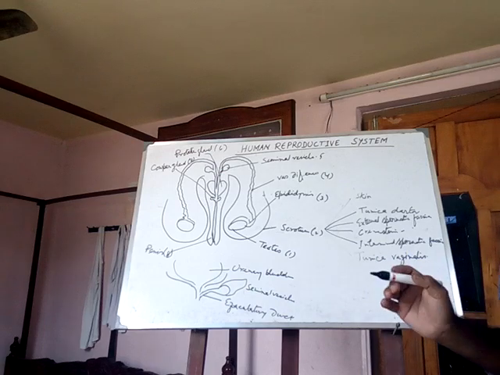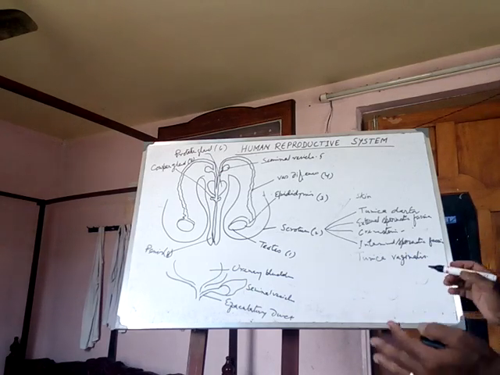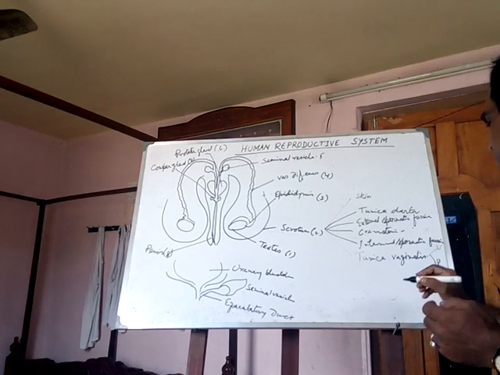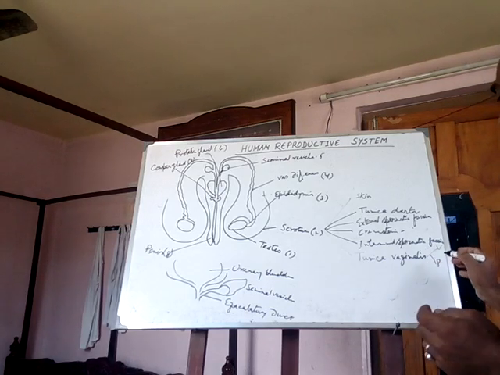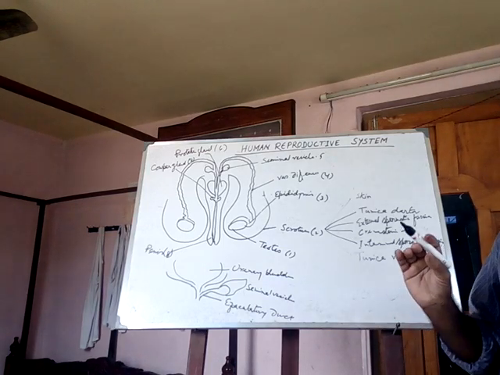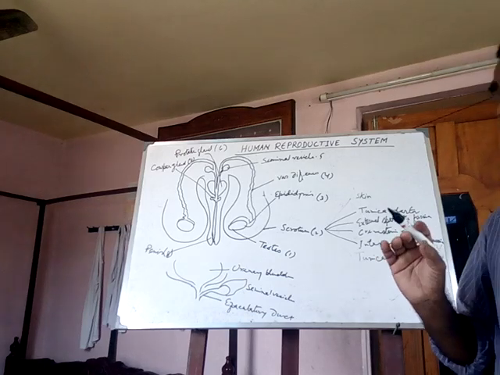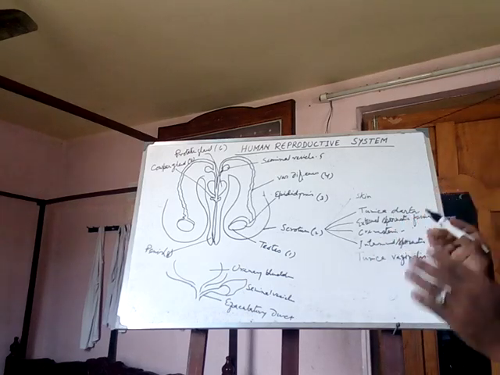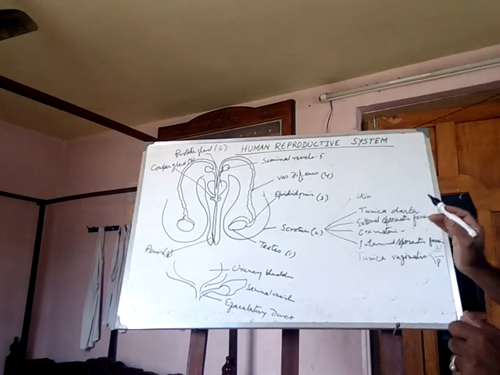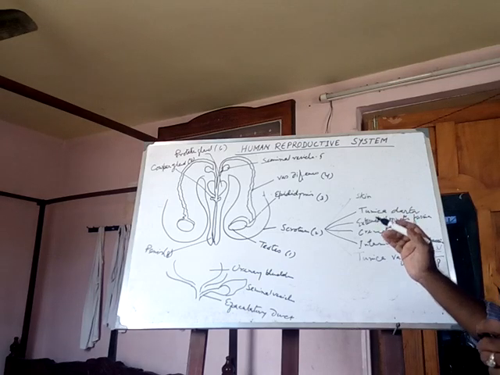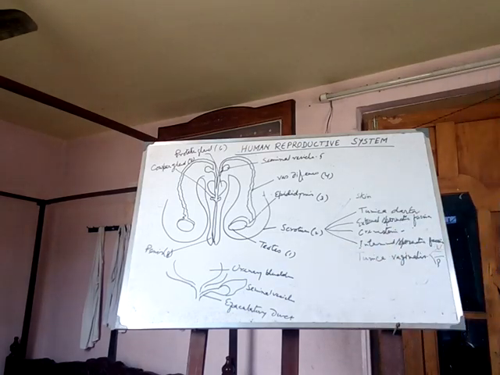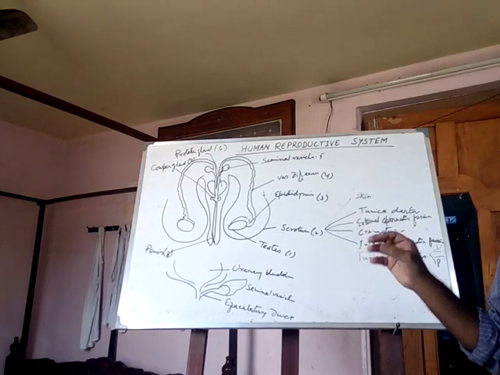The tunica vaginalis has 2 separate layers, the visceral layer and the parietal layer, and in between the visceral and parietal layers there is some liquid for the protection of the testes from external strikes and damage.